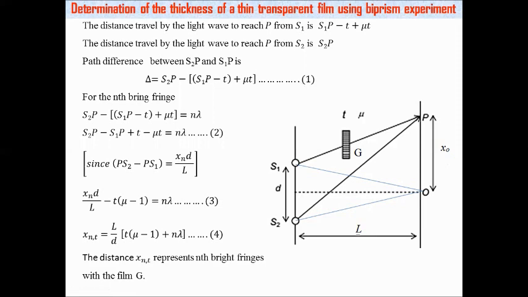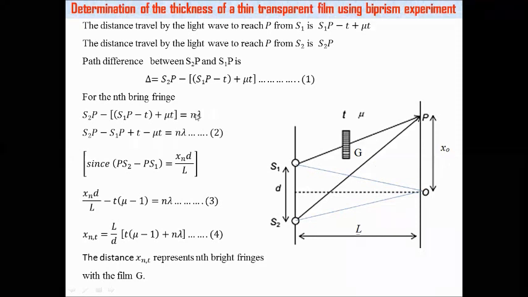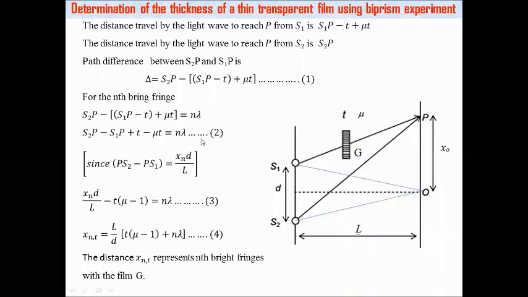According to the condition of constructive interference, for the nth bright fringe, the path difference in equation 1 will be equal to n lambda. If you rearrange this equation, you will get equation number 2.